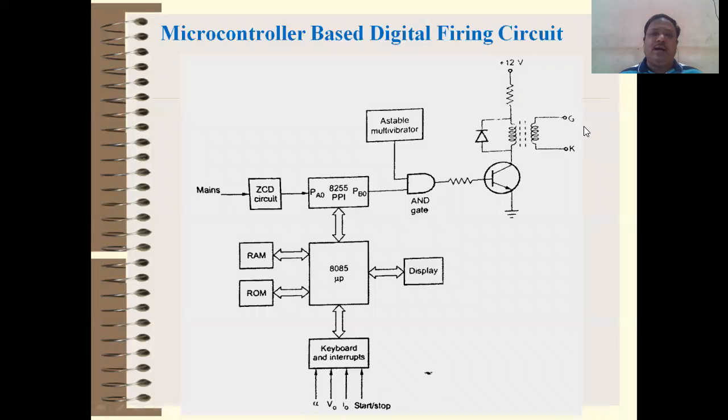If you are using IGBT, the amplitude of a gate pulse should be greater than VTH, right? Otherwise, the device never turns on. Similarly, for SCR and TRIAC, the amplitude of a gate pulse should be sufficiently large so that the power device turns on, right? So that is required.